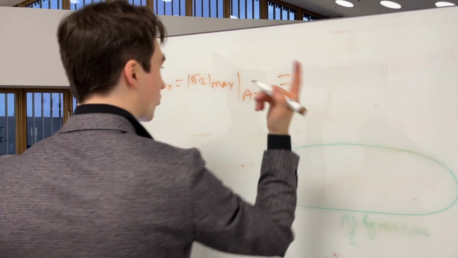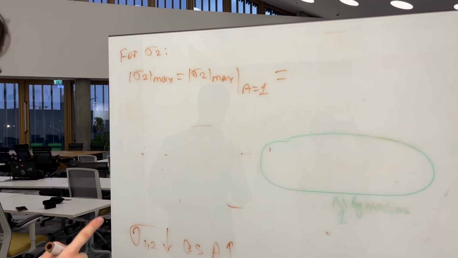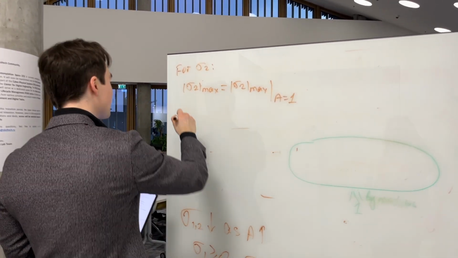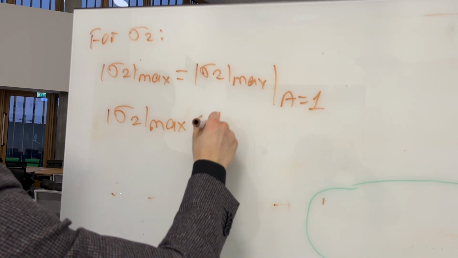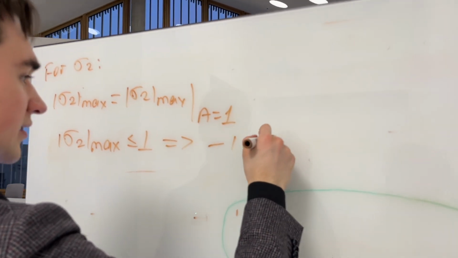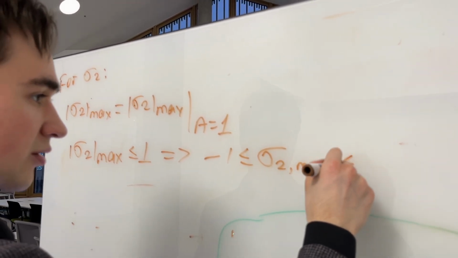And what is it? Since we know that sigma 2 is negative, we need to check when our sigma 2 max is less than or equal to 1, so it's the same as minus 1 less than or equal to sigma 2 max less than or equal to 1.